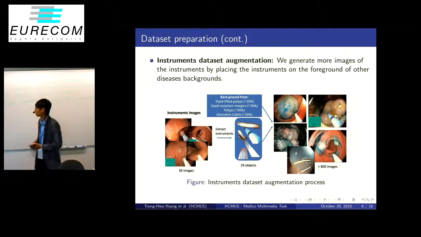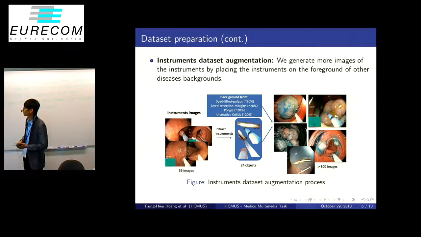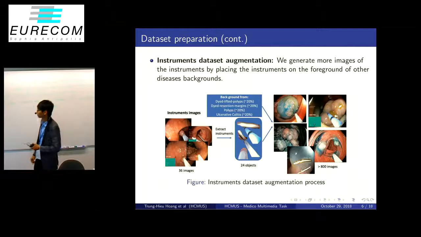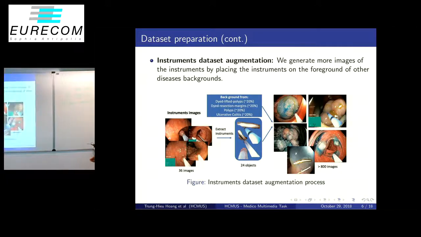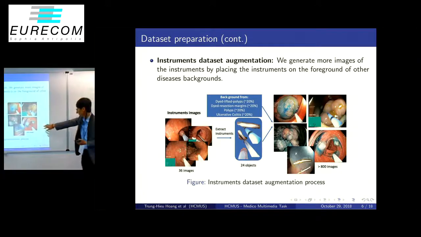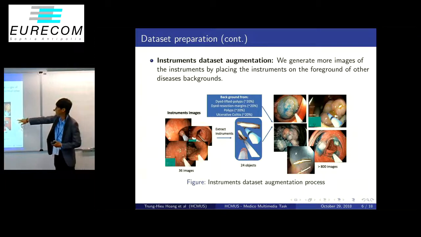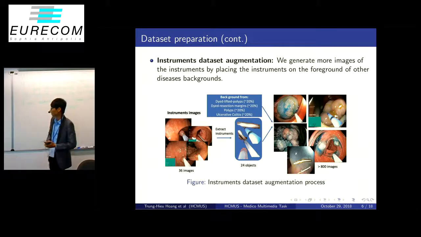The backgrounds are taken from the dye-lifted polyps, the resection margin, the polyps, and ulcerative colitis, and these are the augmented images for the instrument dataset.